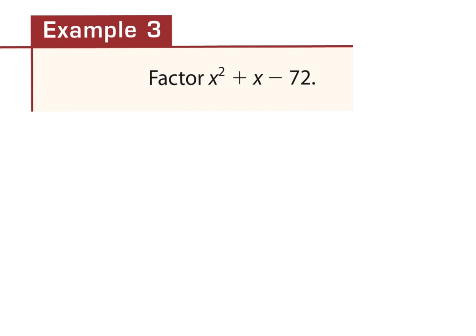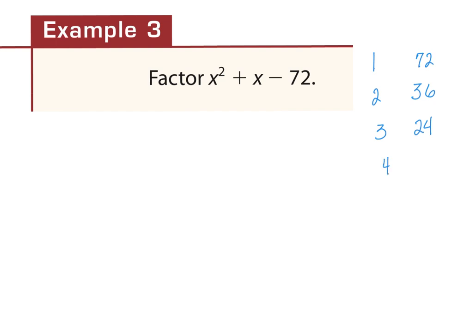Factor 72 is what I'm looking for. And so if I list all my factors of 72, what I typically do to list factors is I start with 1. 1 and 72. 2 and 36. Does 3 go into 72? It does, right? 7 plus 2 is 9. So it goes in 24 times. What about 4? Does 4 go into 72?